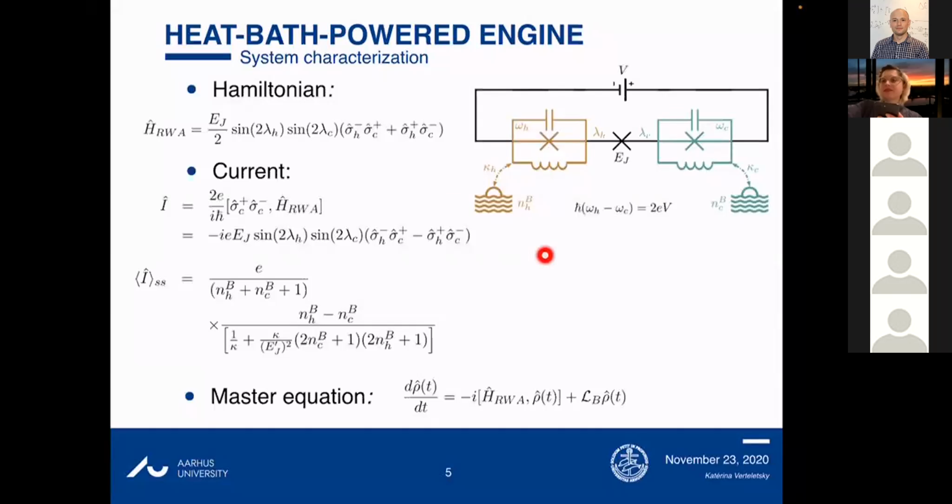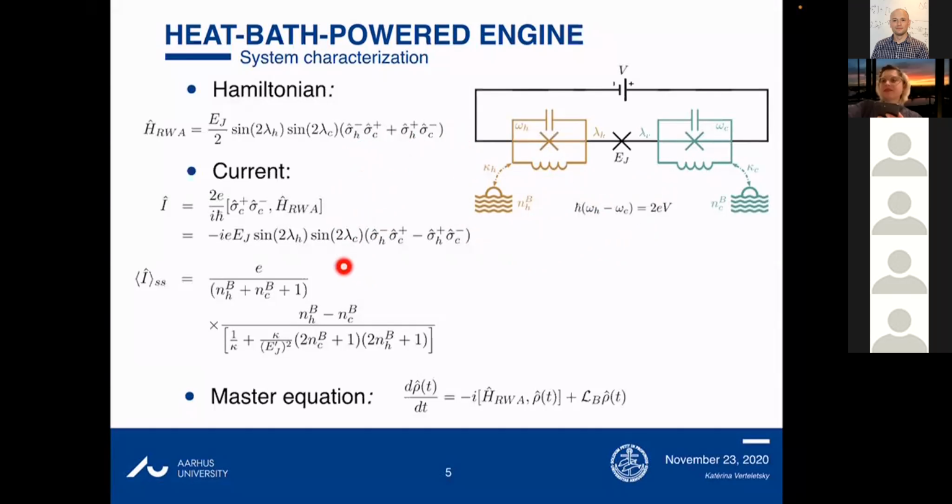Here it is, the same as I just presented. For this engine, we can derive a Hamiltonian in the rotating wave approximation as a function of the Pauli spin operators for the excitation of the qubits. And since we have this resonance condition, the current is directly linked to the rate of excitation of the cold qubit, as we can see here.